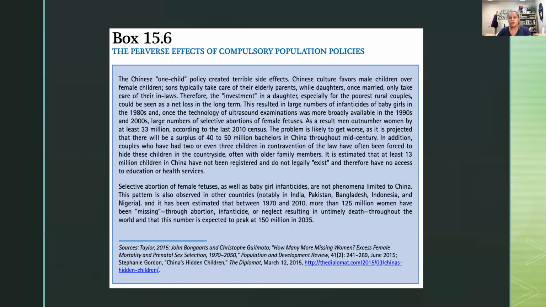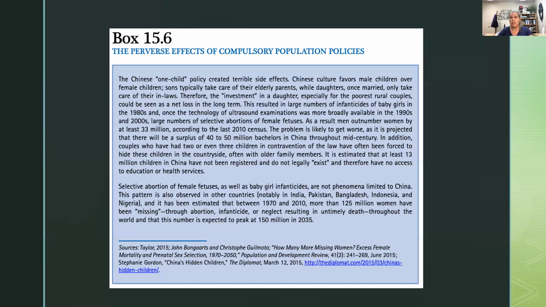So culturally in China, male children are favored over female children because of the way that wealth is passed through generations, and also because of culturally who's expected to care for aging parents. And so what happened is that people who were only allowed to have one child didn't want that one child to be female.